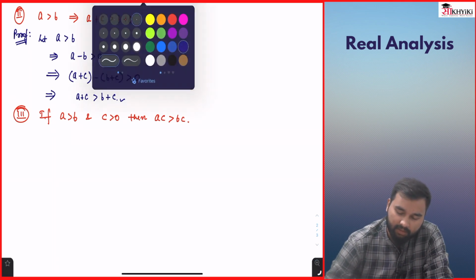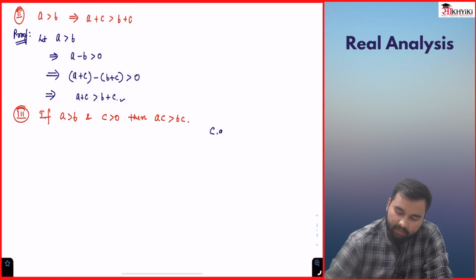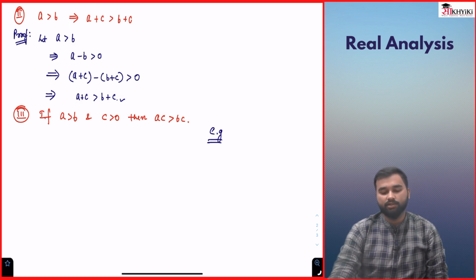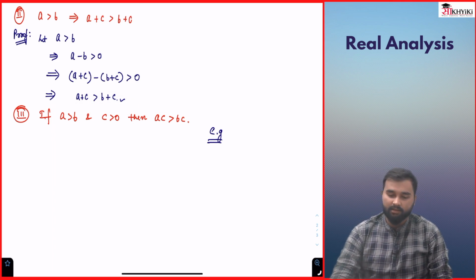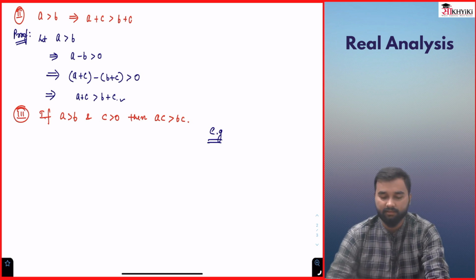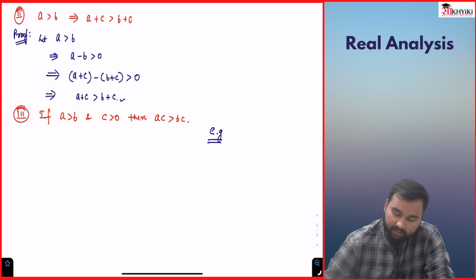It means that if I multiply an inequality with a positive real number, the inequality remains the same. It doesn't reverse.